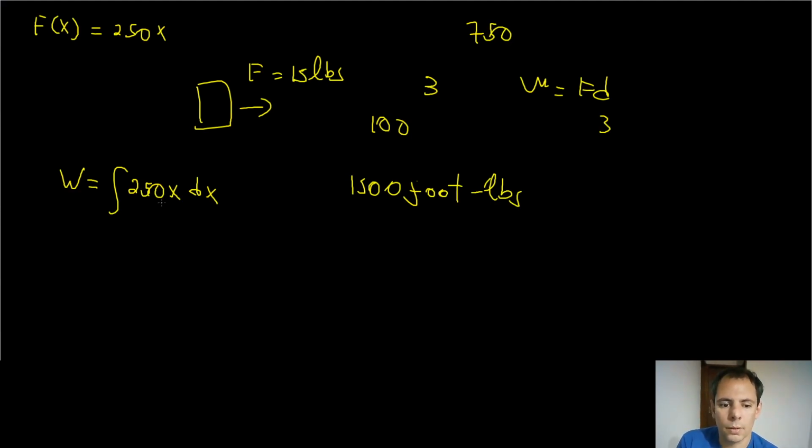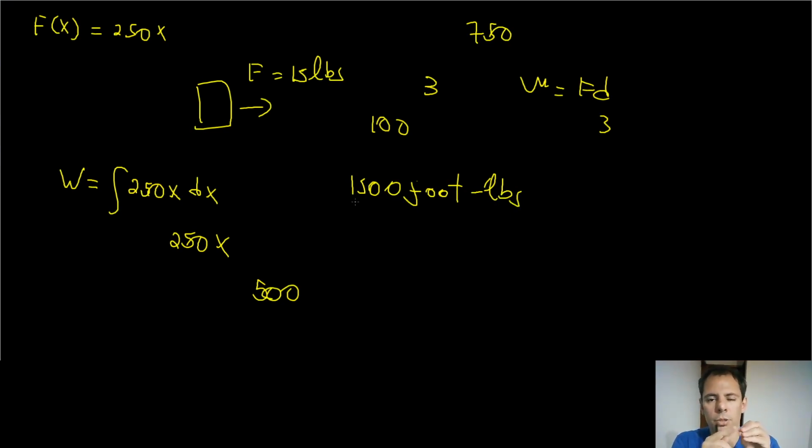Wrong. The 250x is going to be the instantaneous force that you have at a certain point. For example, when it's 2 inches from its neutral position, it's 250 times 2, it'll be 500. So 500 here, and you're stopped.